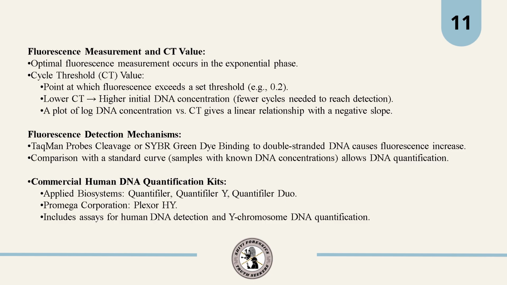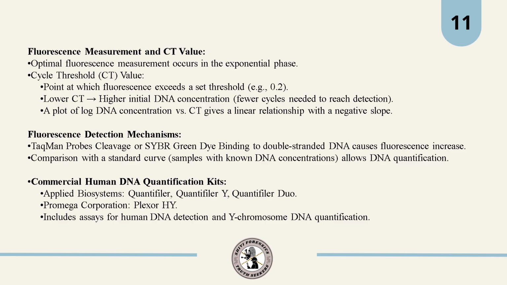But for B, it could be up to 10. So what it says is that the initial amount of DNA would be higher for A. Otherwise, how can it exceed the threshold value within a few cycles? So that initial input DNA would be higher. That's why it is crossing that threshold within few cycles, because the PCR products being produced are higher than the other. So that's how it helps us in determining the concentration of the DNA.